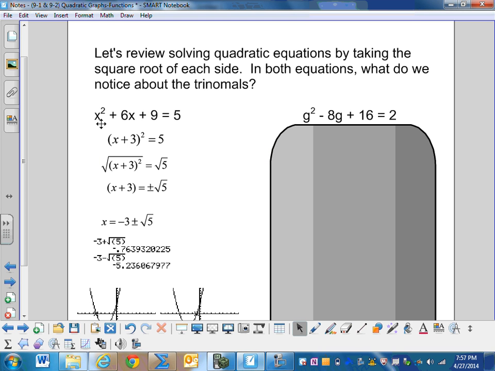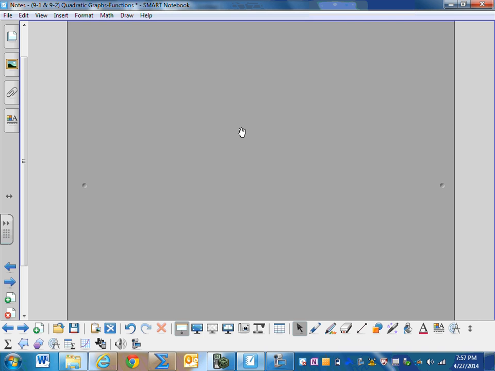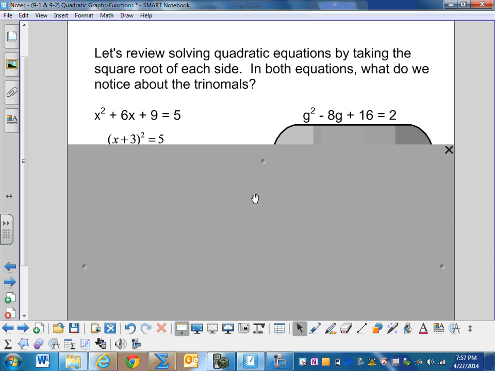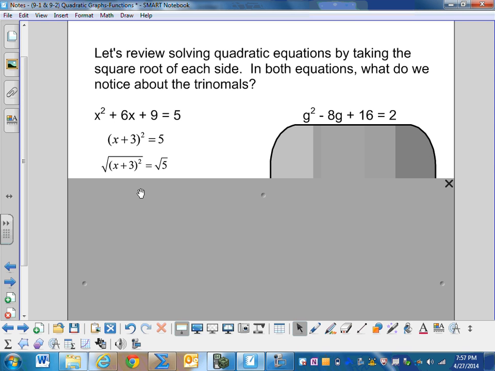So if I take x squared, let's do it this way. x squared plus 6x plus 9 equals 5. And instead of writing this trinomial, I write it as a factored perfect square. x plus 3 squared is equal to 5. I can then take the square root of each side.